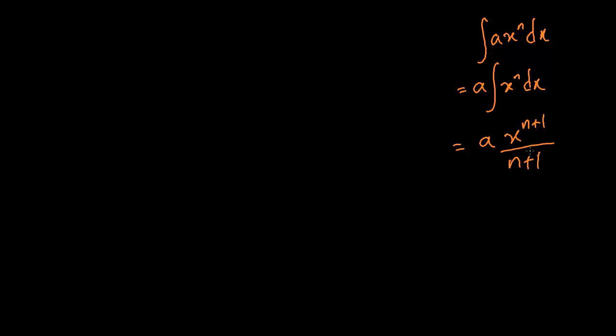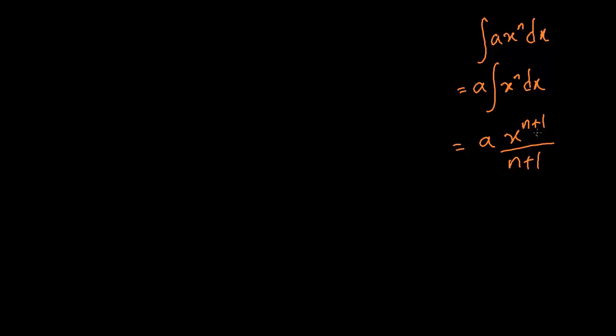So remember, when we integrate a x to the power n dx, we can think of this constant a outside the integration, and eventually it would be x to the power n plus 1 divided by n plus 1.